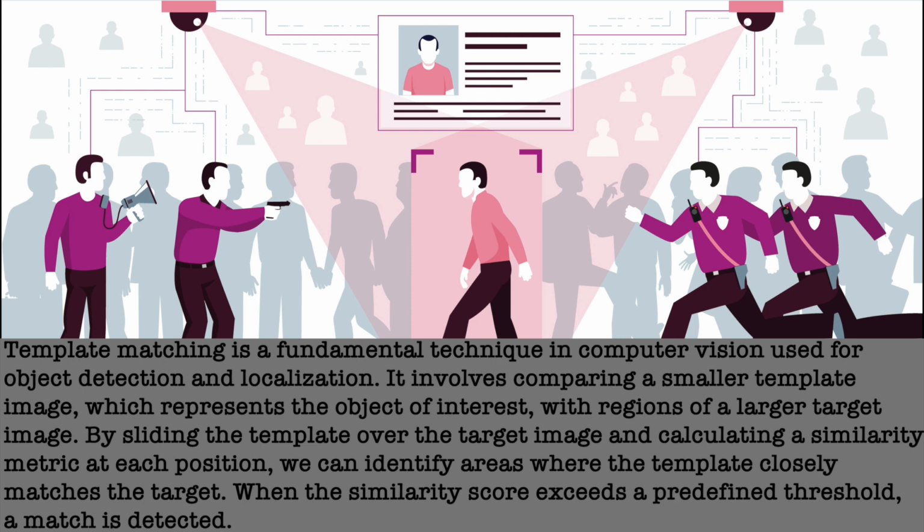By sliding the template over the target image and calculating a similarity matrix at each position, we can identify areas where the template closely matches the target. When the similarity score exceeds a predefined threshold, a match is detected.